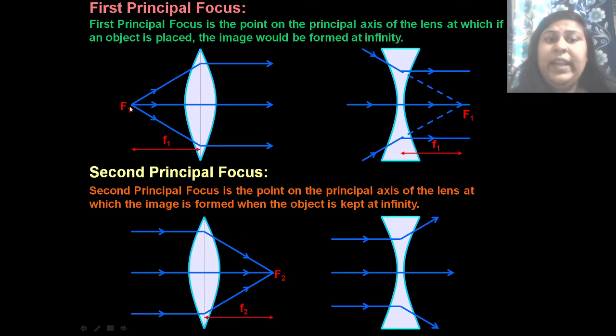On the first side, light rays from the focus are incident on the lens and become parallel to the principal axis. But in the second case, parallel rays come on the lens and meet at a point f2, that is known as the principal focus f2.